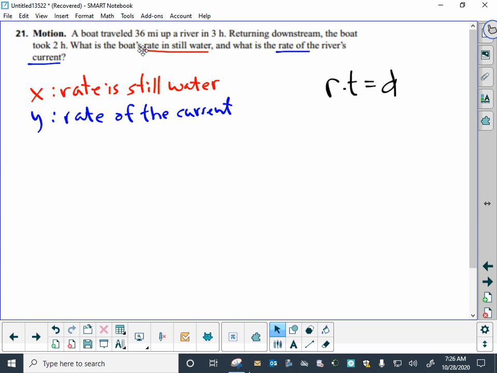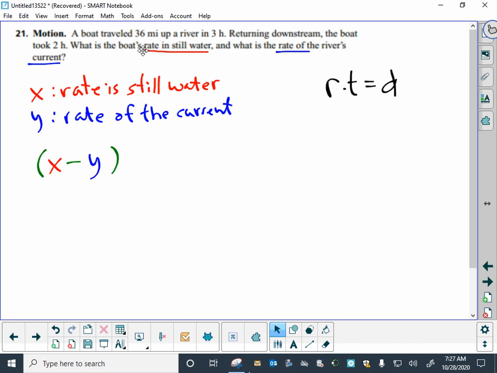So for the one upriver, if they're traveling up the river, then the river is slowing us down. So our rate in that case is going to be the speed of the boat in still water, x, and we're going to subtract from that the rate of the current, y. Okay, hopefully the boat's speed in still water is faster than the current, otherwise we're not going anywhere.